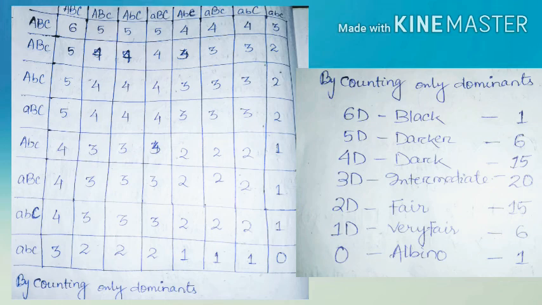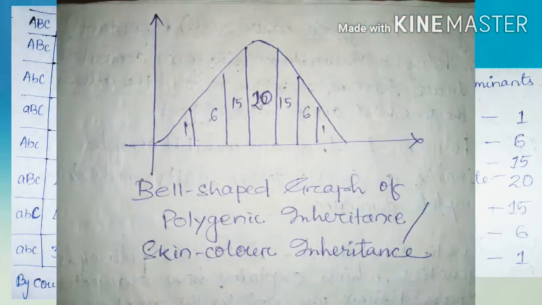And after that, taking those numbers, you have to plot a graph. If you plot that graph, you will find the intermediate is in between, that is 20 in number, that is 3 dominant. You find the 3 dominant characters in 20 places, so you draw that 20.